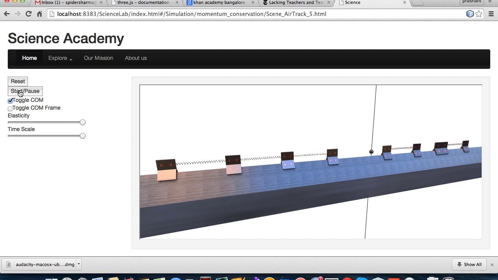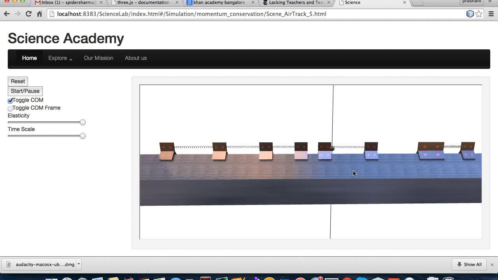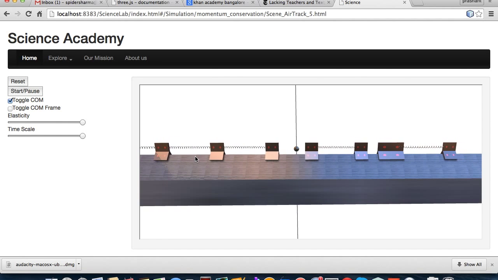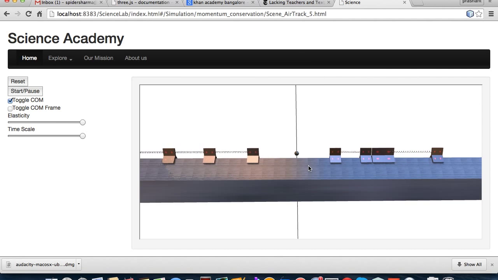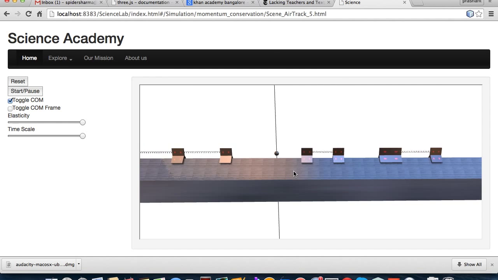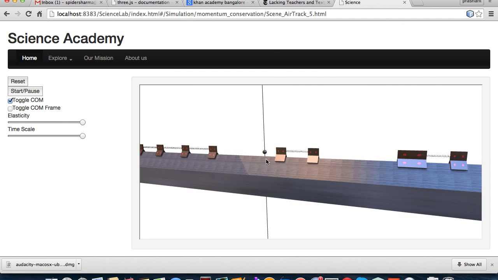And at this moment you should be able to appreciate the idea of center of mass, because it becomes very complicated right now. You see internal collisions, the springs are pushing or pulling these objects, but for the entire system momentum is conserved, and it's verified clearly here by the constant motion of the center of mass.